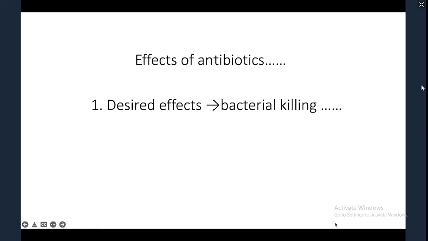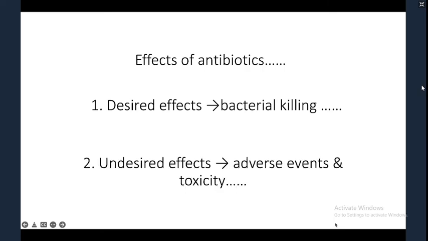Effects of antibiotics: there are two effects of antibiotics. One is the desired effect, that is what we are expecting from antibiotics, that is bacterial killing. The second one is the undesired effects, that is the action of antibiotics on host cells, the adverse events and toxicity.